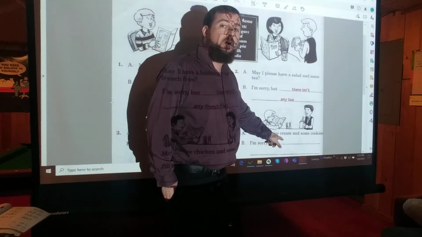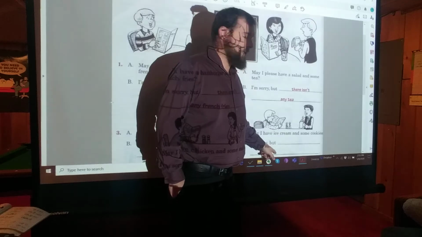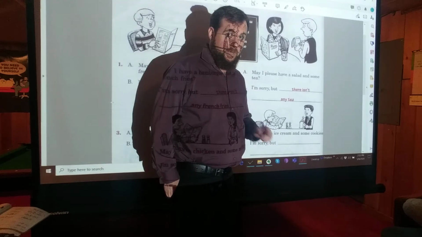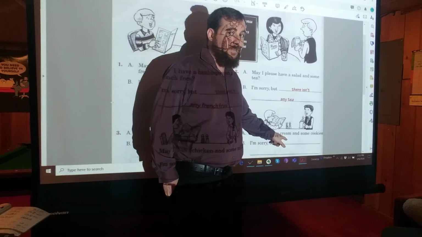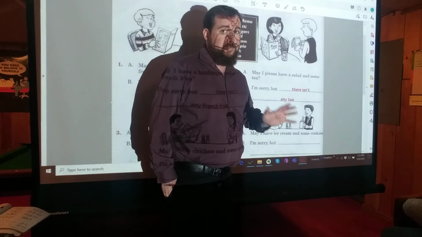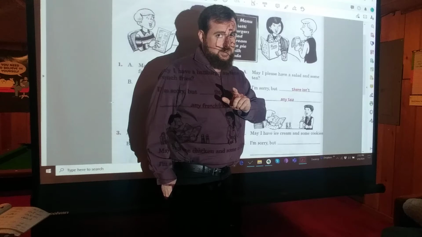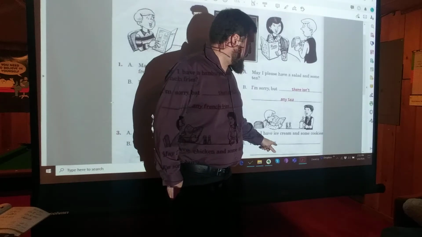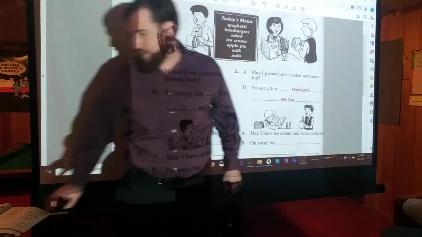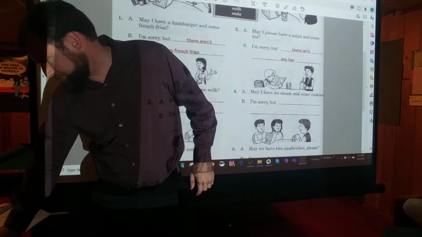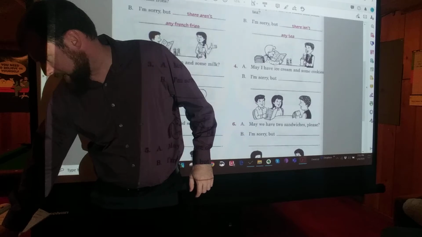Make sure you wrote aren't any cookies. Okay? Be careful. Did you write isn't any cookies? Did you write isn't any ice cream? Those would not be correct. If you wrote that, you need to change it. You need to write, but there aren't any cookies. Okay? All right. Number 5.